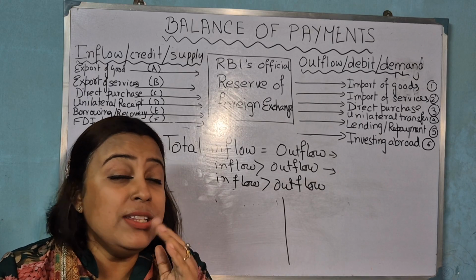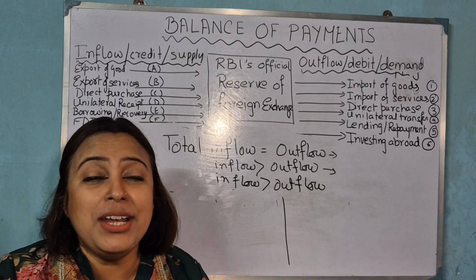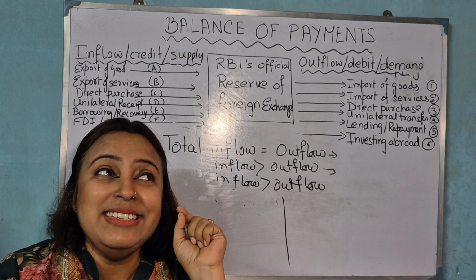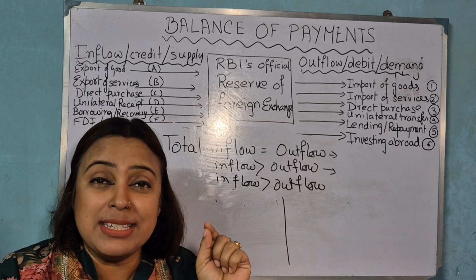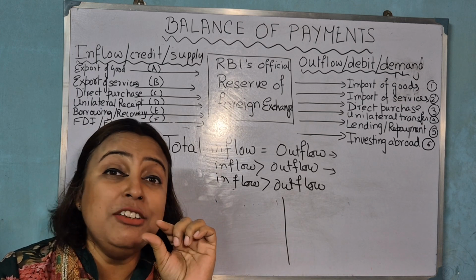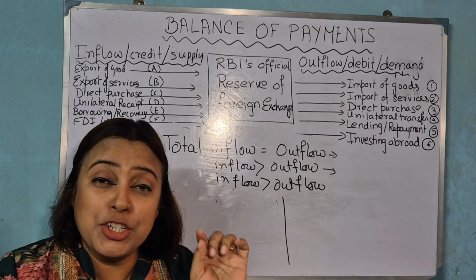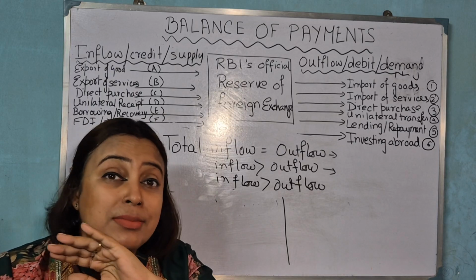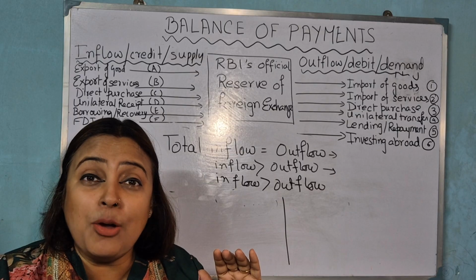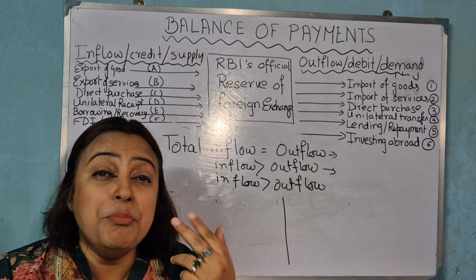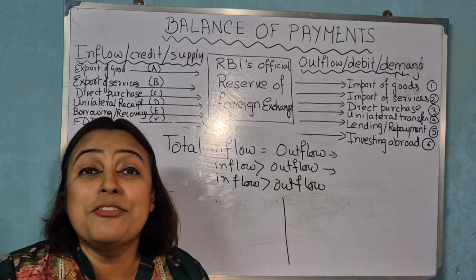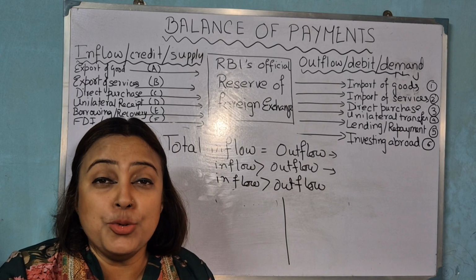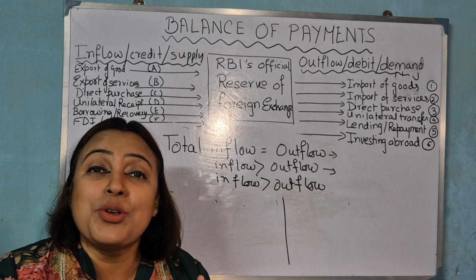So if I have to see the difference between the autonomous and accommodating transactions, then what shall we do? We will simply say that yes, the capital account transactions which involve lending and borrowing actually balance the BOP because lending equalizes the balance of payment account in case of BOP surplus, and borrowing again equalizes the debit and credit side of the BOP account in case of deficit balance of payment situation. So hence it is called accommodating.